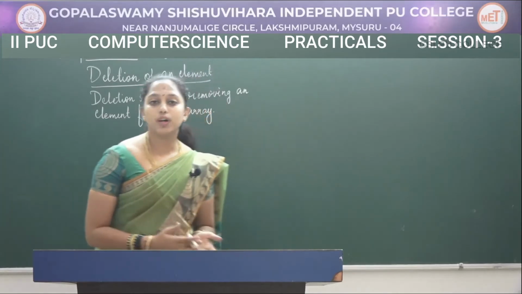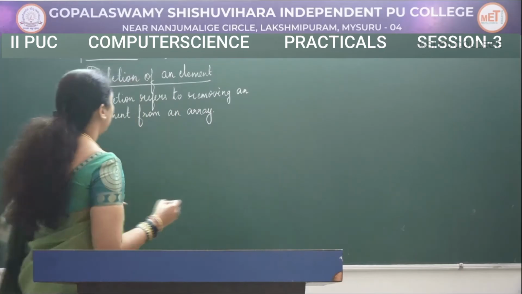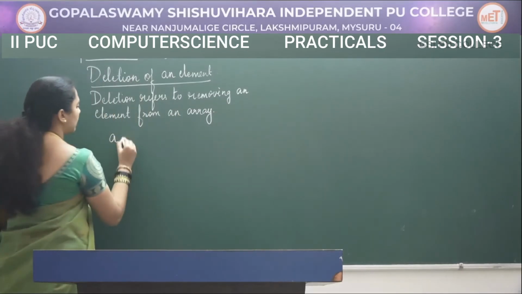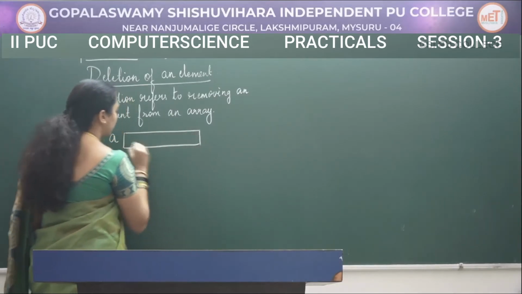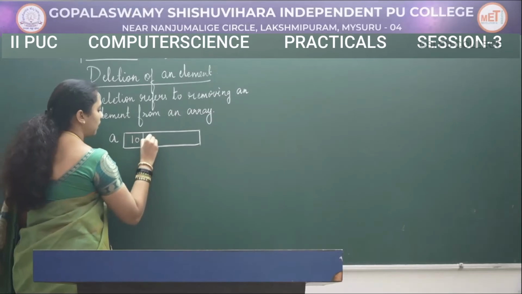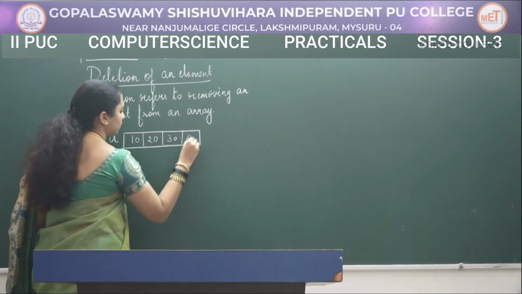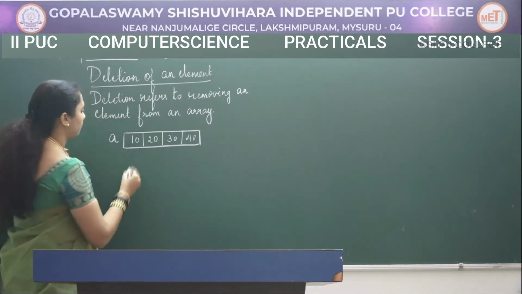Consider an array called A, which contains elements 10, 20, 30 and 40 as its array elements.